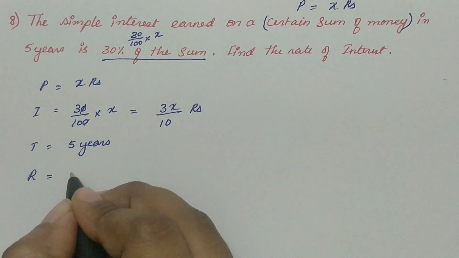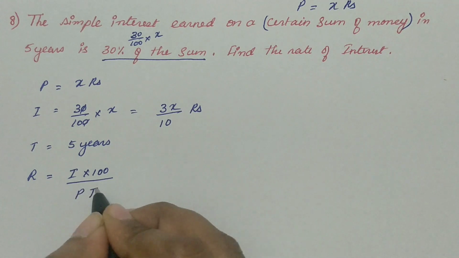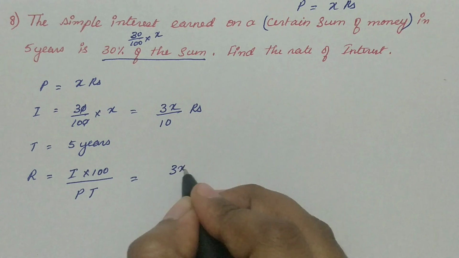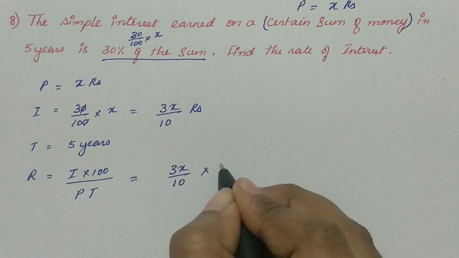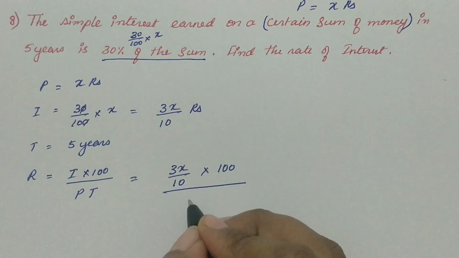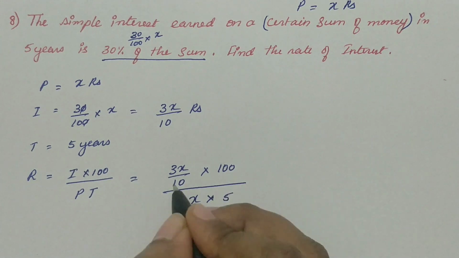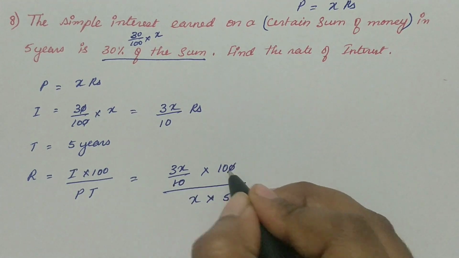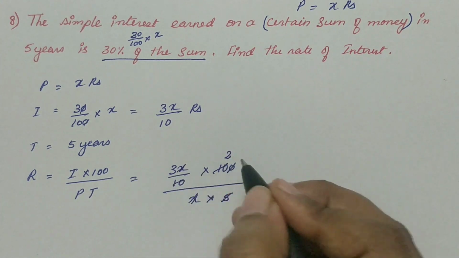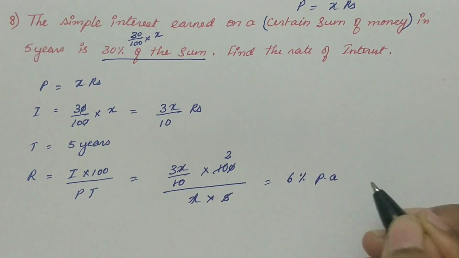R equals I into 100 divided by PT, I equals 3x by 10 into 100 divided by P equals x, T equals 5. 10 times 5 is 2, x cancels, 3 times 2 is 6. 6% per annum rate of interest.